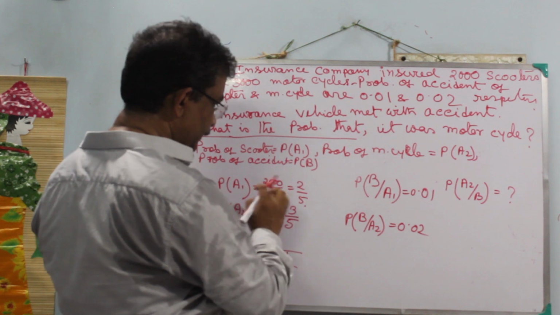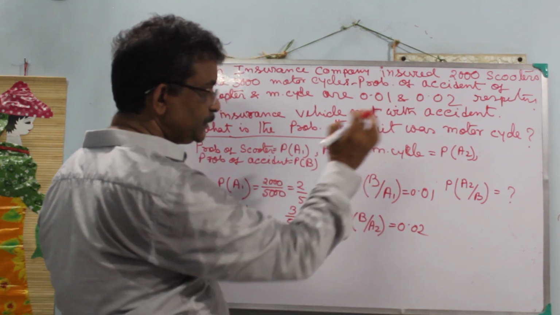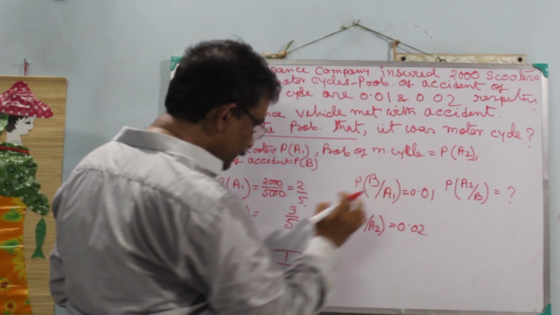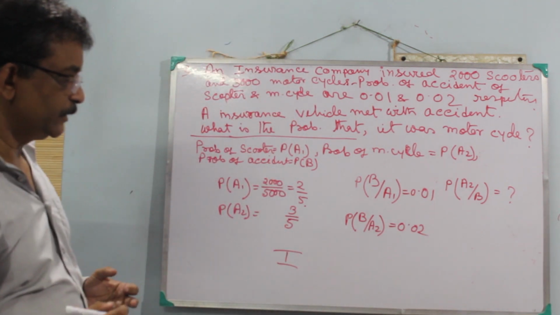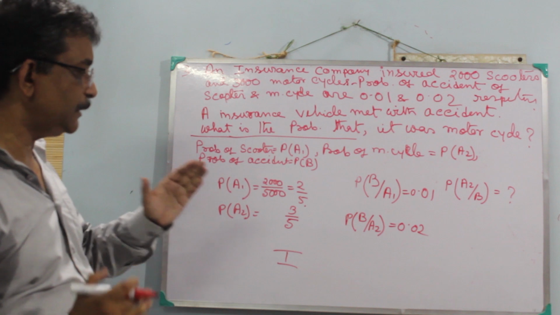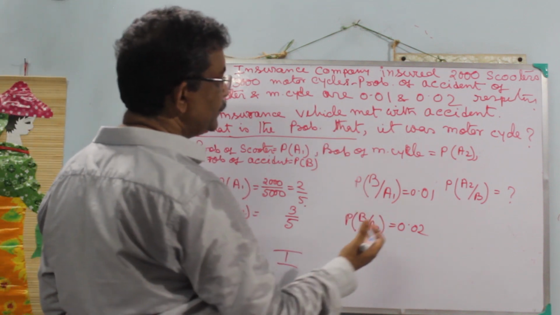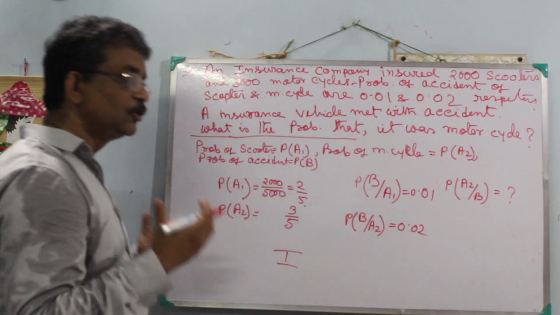So it is multiplied, scooter and accident, and it is motorcycle and accident. So what is the probability that the vehicle met with an accident? This into this plus this into this, which will come as the denominator. There may be some problem where it will be asked what is the probability that a vehicle met with an accident, that means total probability.